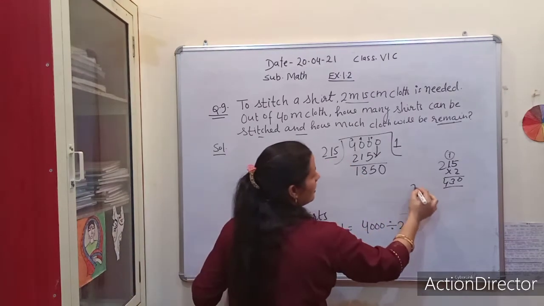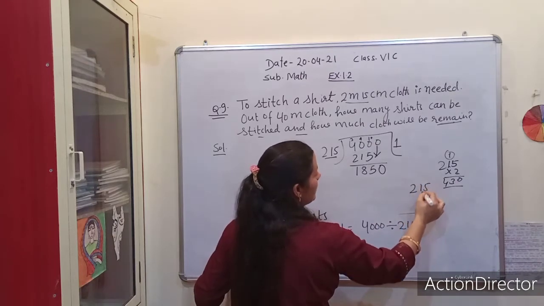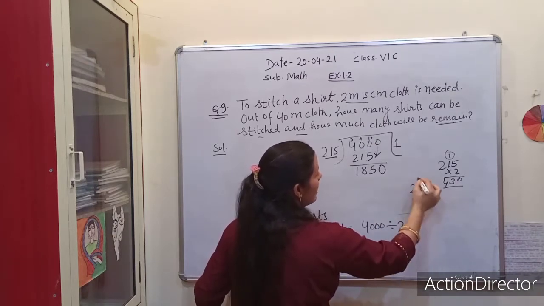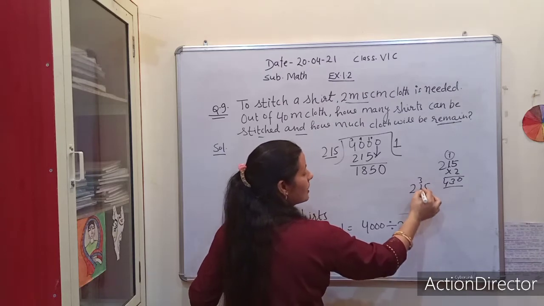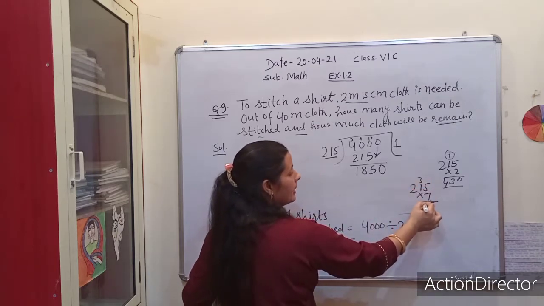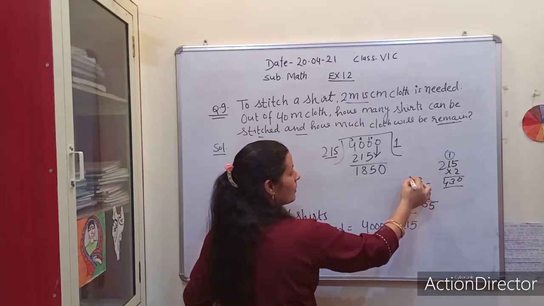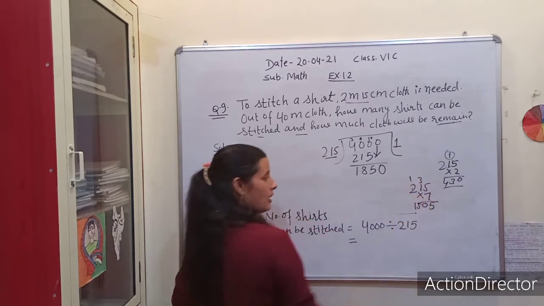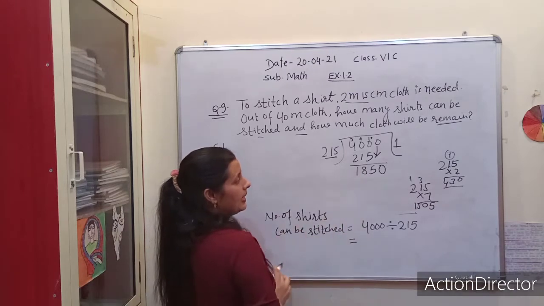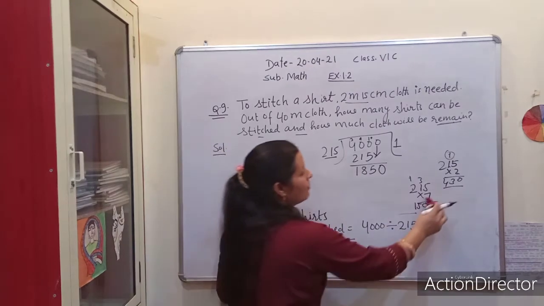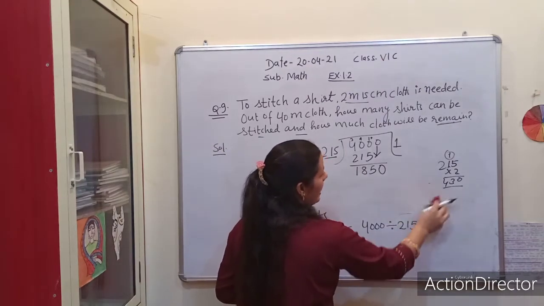Now let's check. 215 into 7. 7 5s are 35. 7 1s are 7 and 3, 10. Okay, 7 2s are 14. 14 and 1, 15. 1505 is lesser than 1850. Now again we will try dividing 8 times.